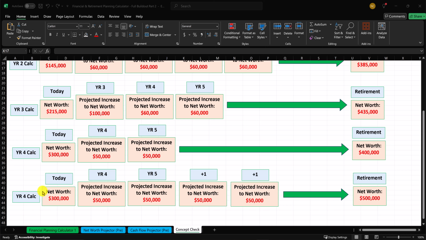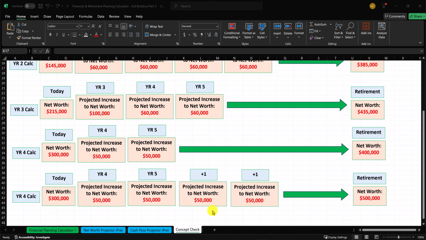So now I have a revised projection as of year 4 right here. It's going to be the same $300,000 actual net worth. We can't change that. That's what we're actually worth at that point in time. I'll still have this $50,000 projected.